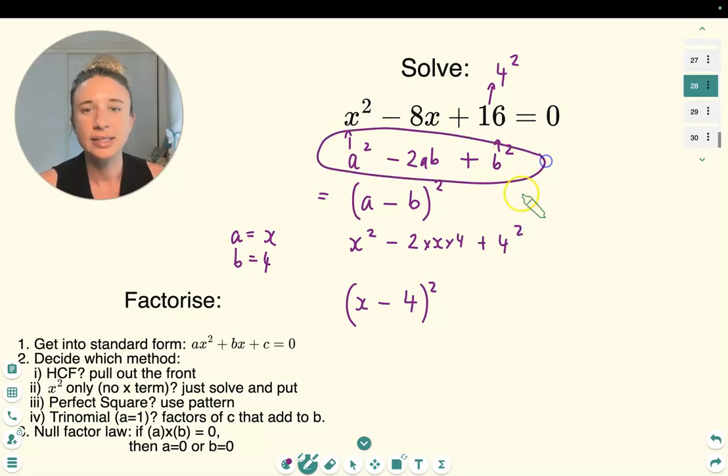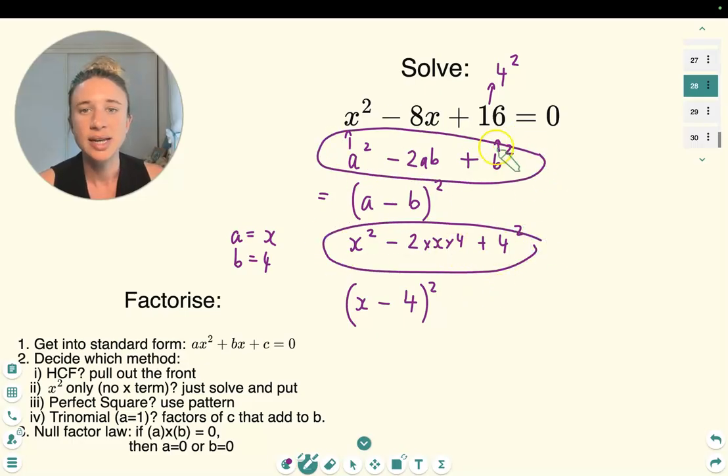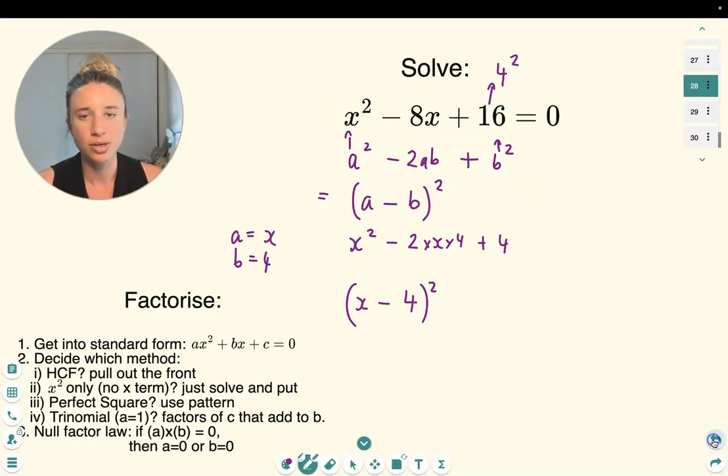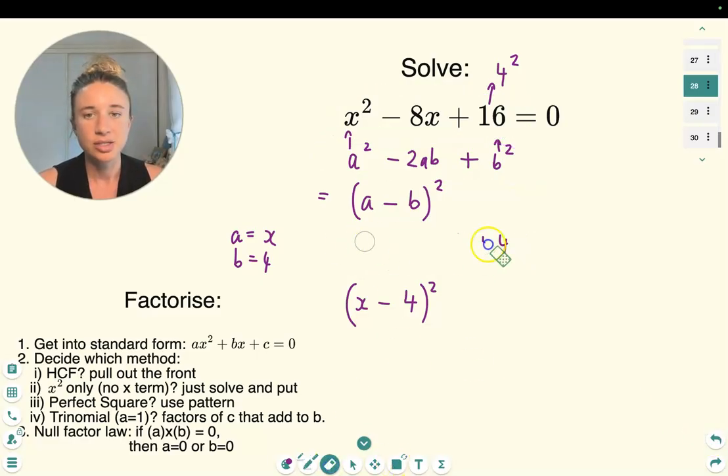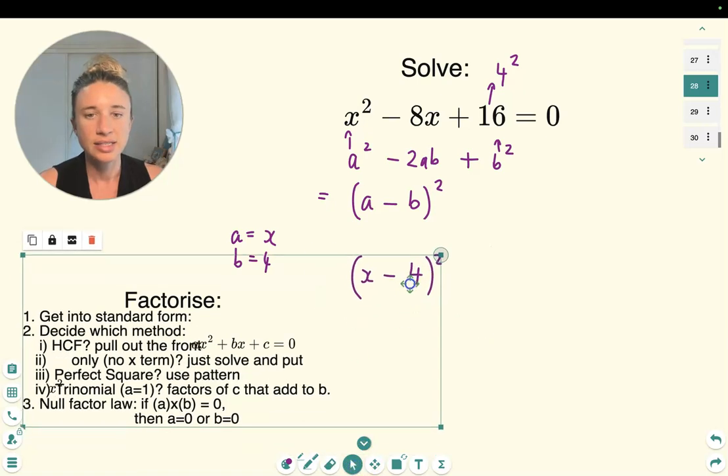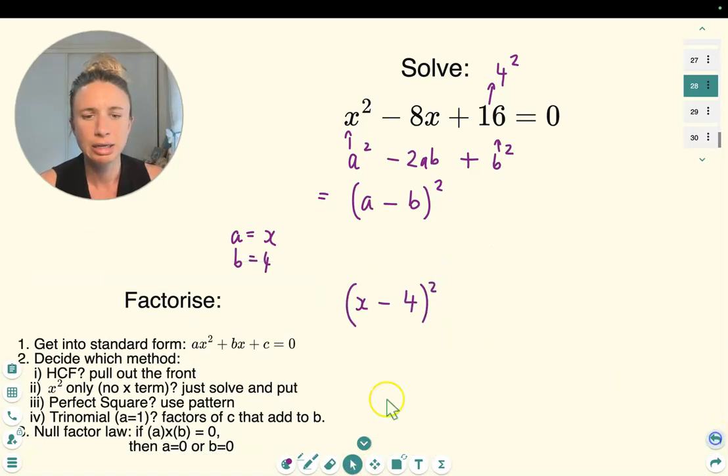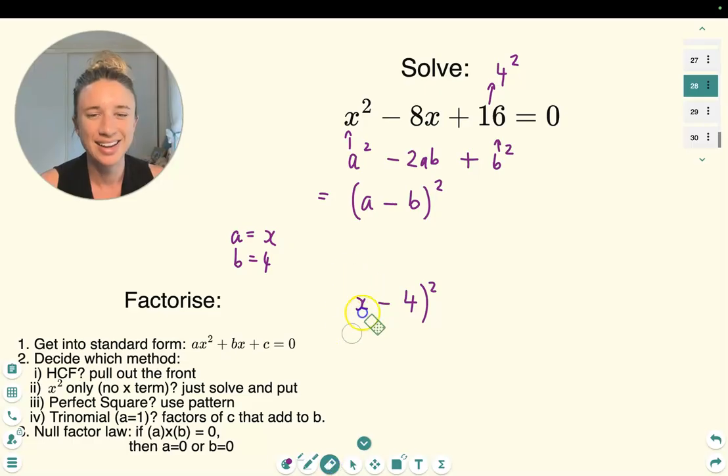I'm just looking at that and substituting in. And indeed, we do get x squared take 8x plus 16. You just want to double check. Even if there's a square number at the start and end, it's good to check that. Sorry, x take 4 squared.